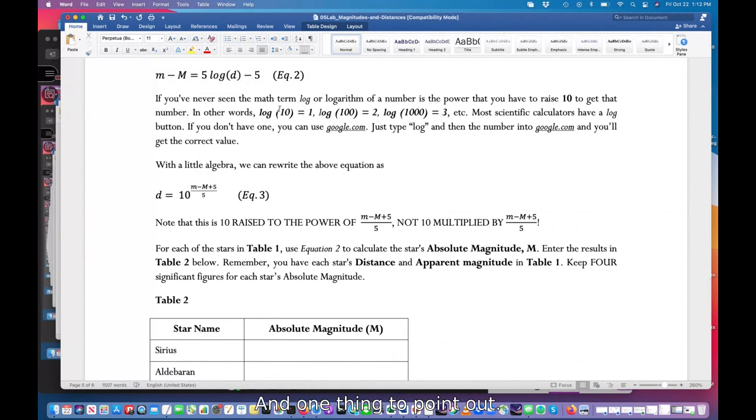And one thing to point out, read the instruction here. This log here has to be log of base 10. Some calculators say log, but it's actually natural log, right? Just by looking at a calculator button that says log, it's difficult to know which one it is.